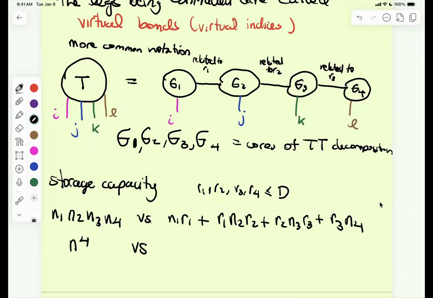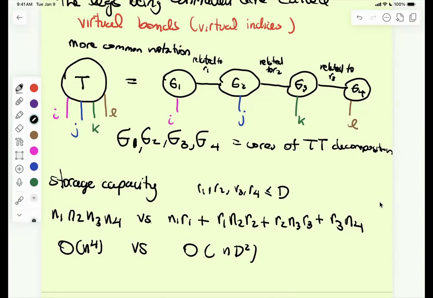Actually, I should write it like this: this is an O of n to the 4 versus an O of n D squared, right? Because it has 4 legs. If you had L legs, it would be n to the L, right? So something exponential in the number of legs becomes something that is linear.